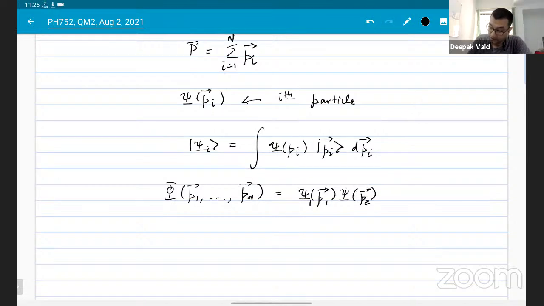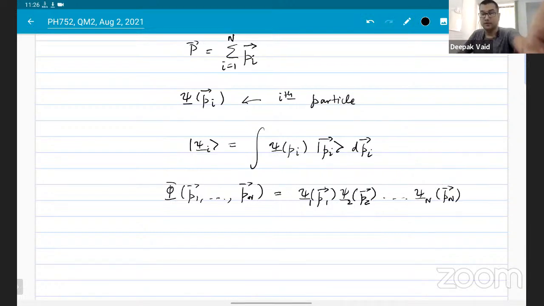Okay, and I should put an index on the psi also, because the form of the psi can also be different for each particle. Okay, so now you have this many-particle Hilbert space, right?